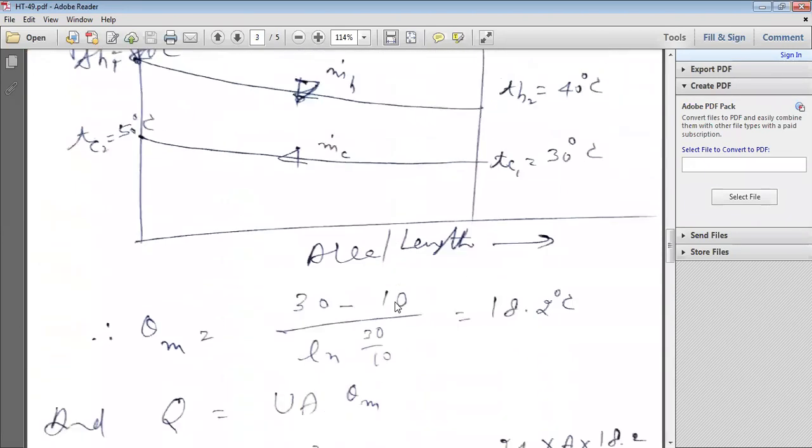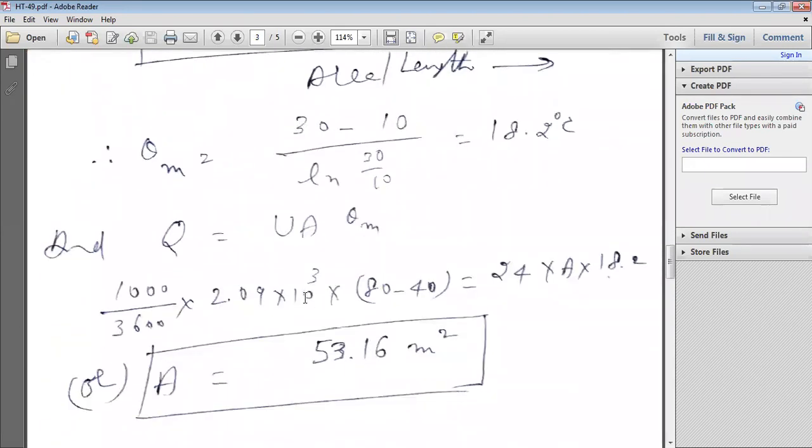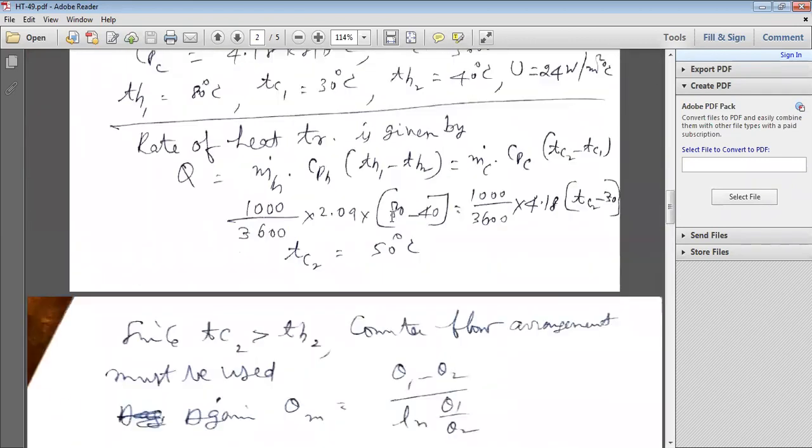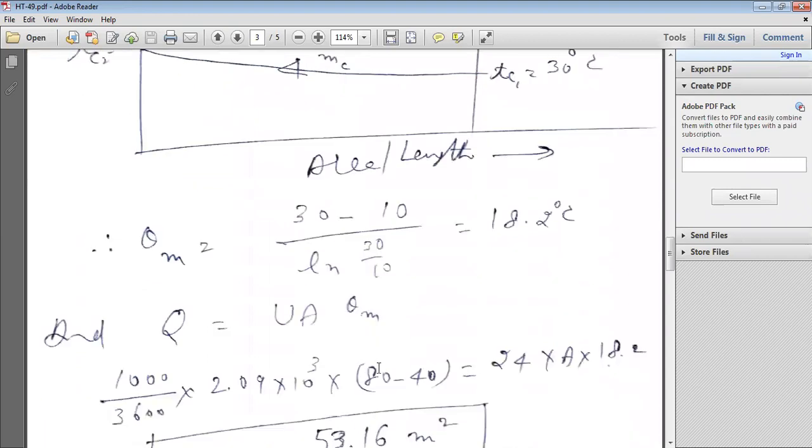That is Q equals 1000 by 3600 into 2.09 into 10 cube, because on the right hand side there is no kilojoule. That's why you have to convert kilojoules into joules, that is a must. Then you get joules, into 80 minus 40.